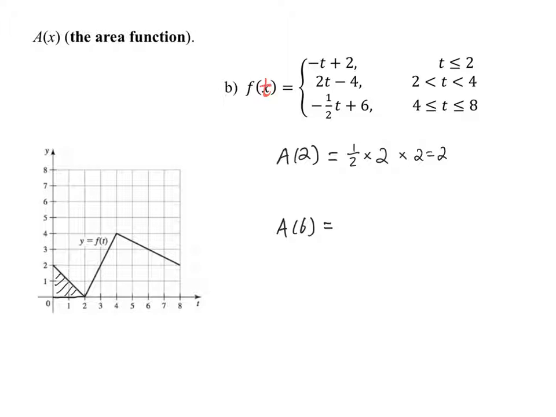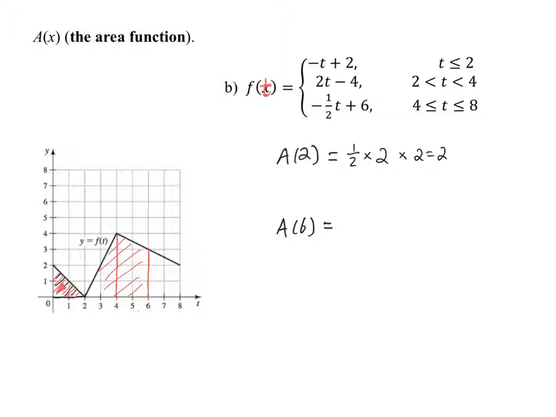Now for A of 6, let's look at when x is 6, which is right here, right? A of 6 means the area to the left of 6 and also bounded by the curve, which is this whole red shaded area. Obviously, you see that there are three different shapes.